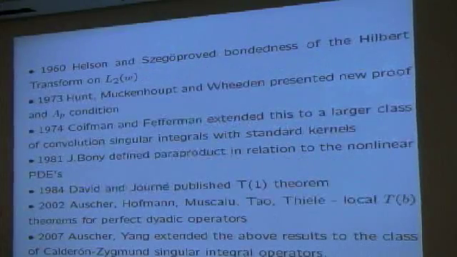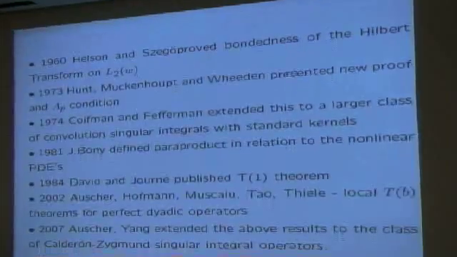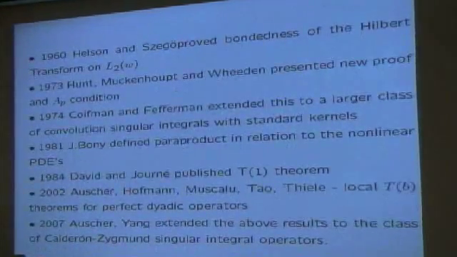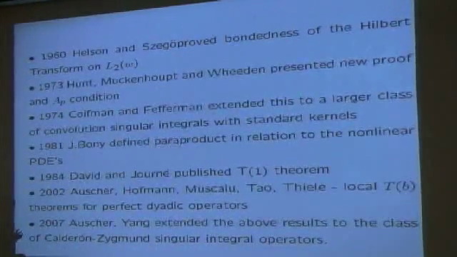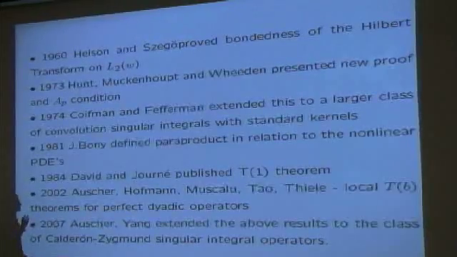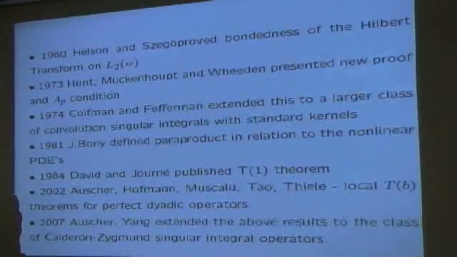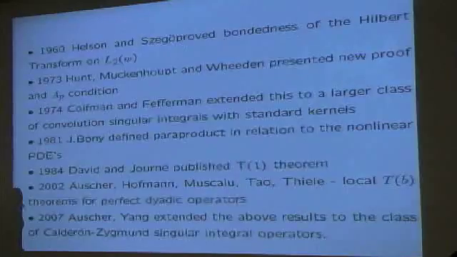All right. Now, a little bit of history. Helson and Szegő proved that the Hilbert transform is bounded on the weighted spaces, right? Then Hunt, Muckenhoupt, and Wheeden came up with this A2 condition, right?